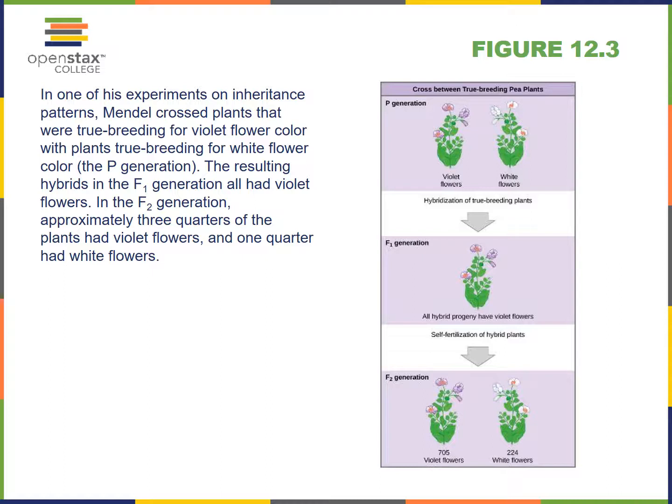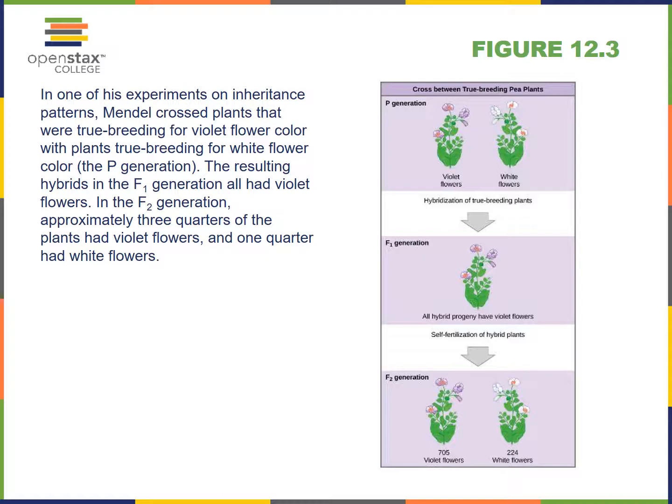And the offspring of those two F1 plants created the F2 generation offspring. And what he saw in the F2 generation was that roughly 3/4 of these plants were purple flowering plants, and about 1/4 of these plants were white flowering plants. So that was his data.